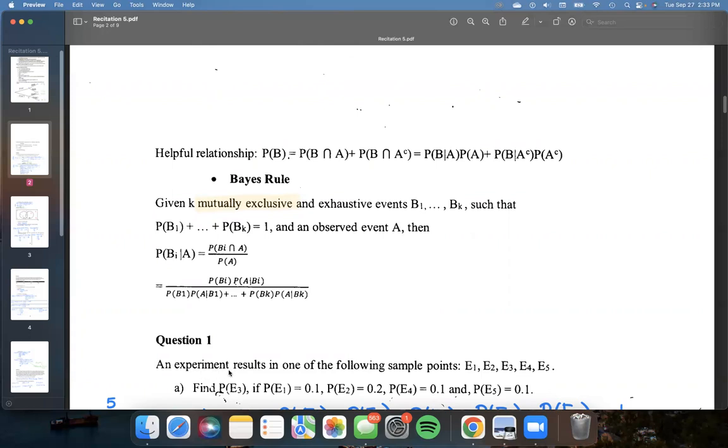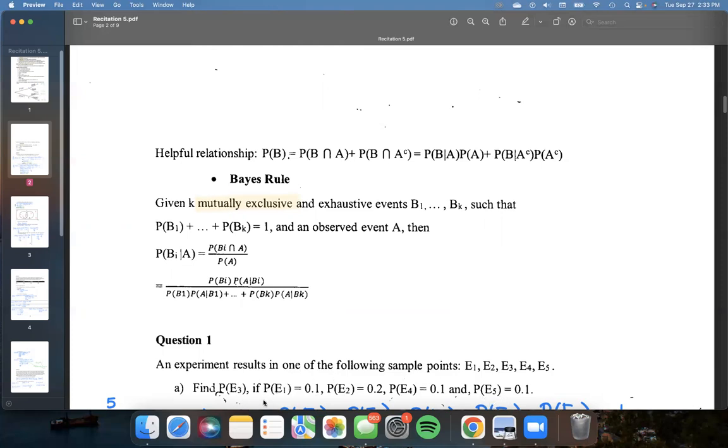An experiment results in one of the following sample points: E1, E2, E3, E4, and E5. We first want to find the probability of E3, if the probability of E1 equals 0.1, the probability of E2 equals 0.2, the probability of E4 equals 0.1, and the probability of E5 equals 0.1.